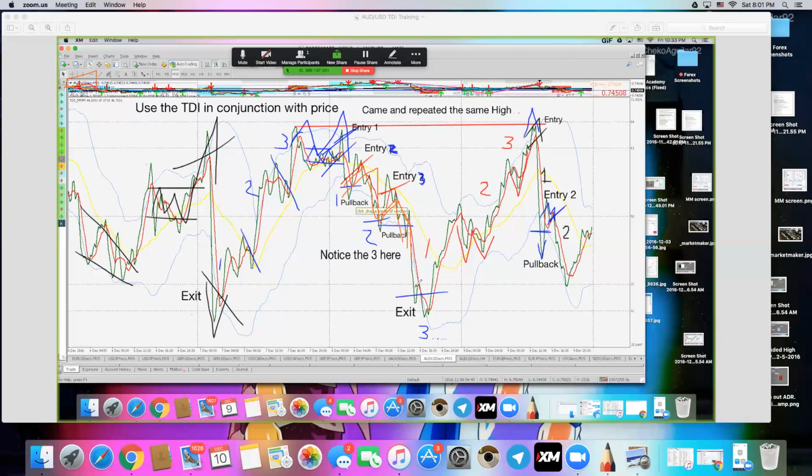And that third push convinces you that this will be the move. And little do you know that that last push is the last one you'll ever see. Next thing you know, they reverse and shift away from where you thought they were. So that's when the three stuff comes into play.